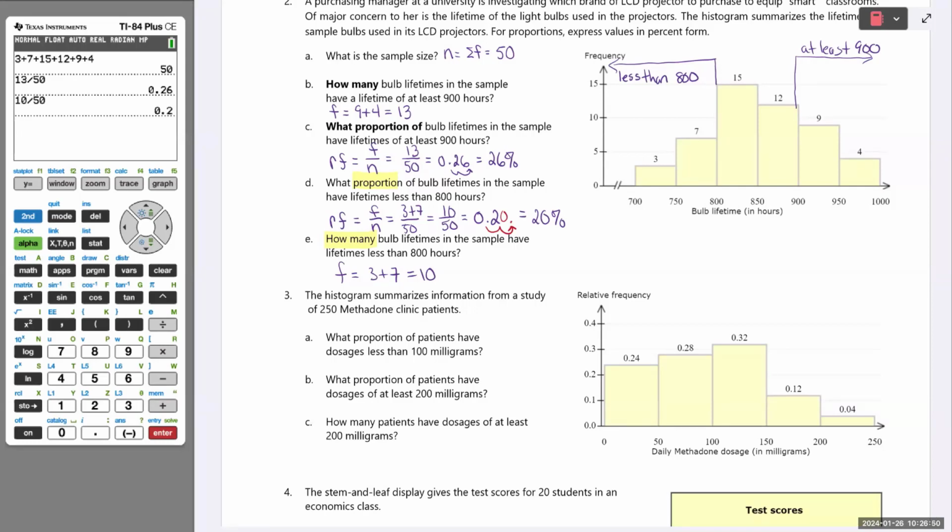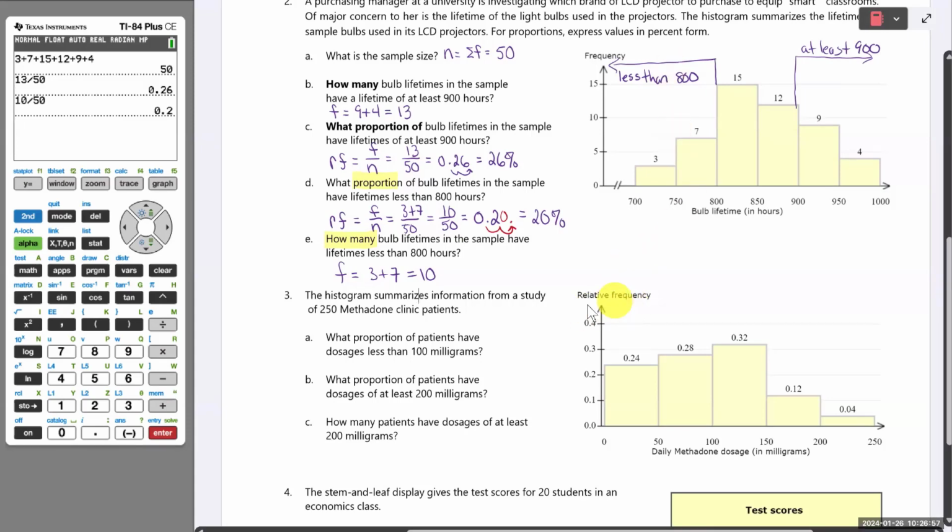All right, so let's see how that compares to number 3, where we still have our histogram, but now the y-axis is relative frequency. So now what you're going to see is these values at the top of the bars are in decimal form. So we know it's not frequency, or they would be whole numbers. And that's another way to know we're talking relative frequency.